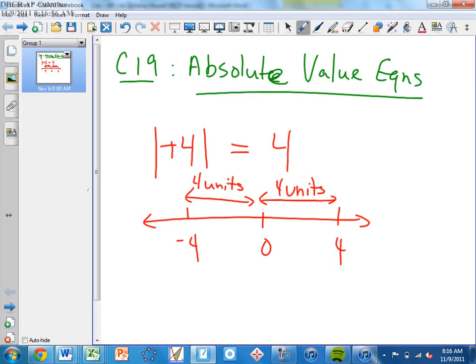The number inside the absolute value bars can be positive or negative. But the answer is always positive. We're going to use that when we solve the equations in a minute.